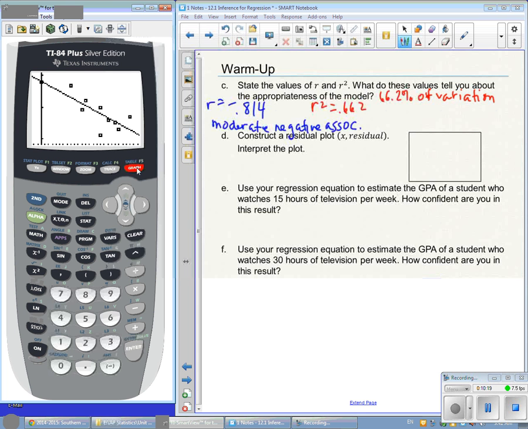So r squared describes the scatter of y values that are around the graph. So 66% of the variation in the y variable, which in this case is GPA, is explained by or accounted for by the regression equation.